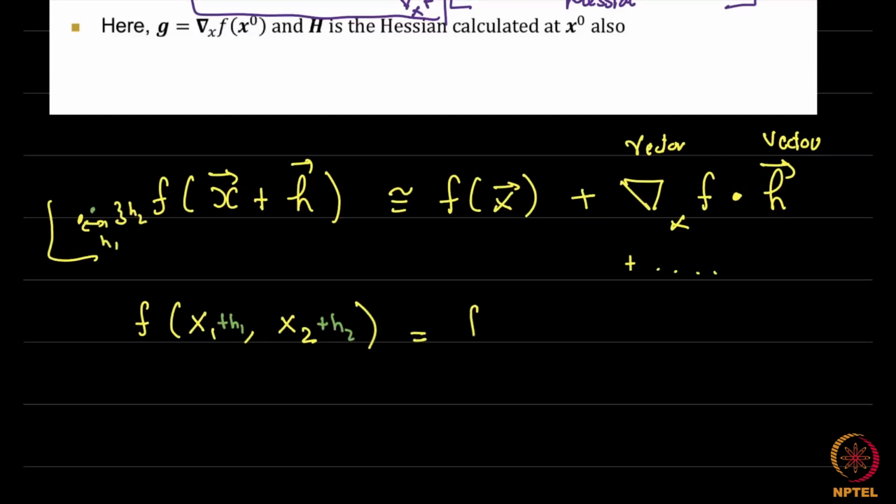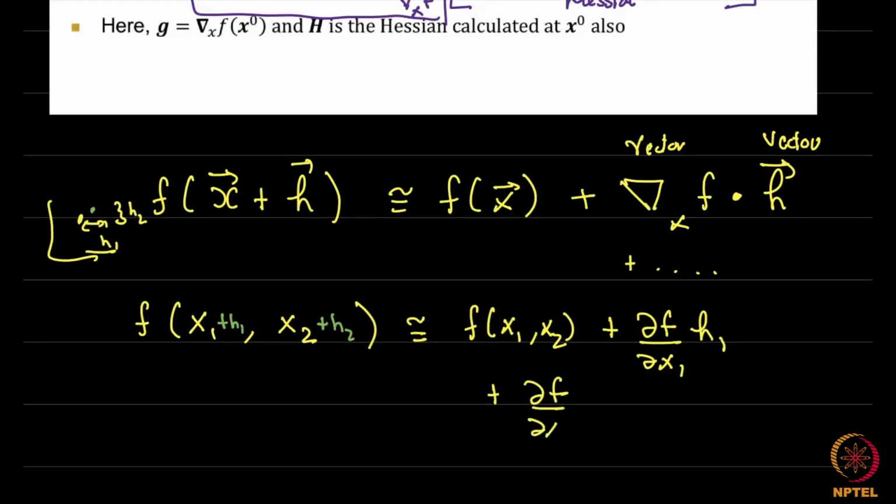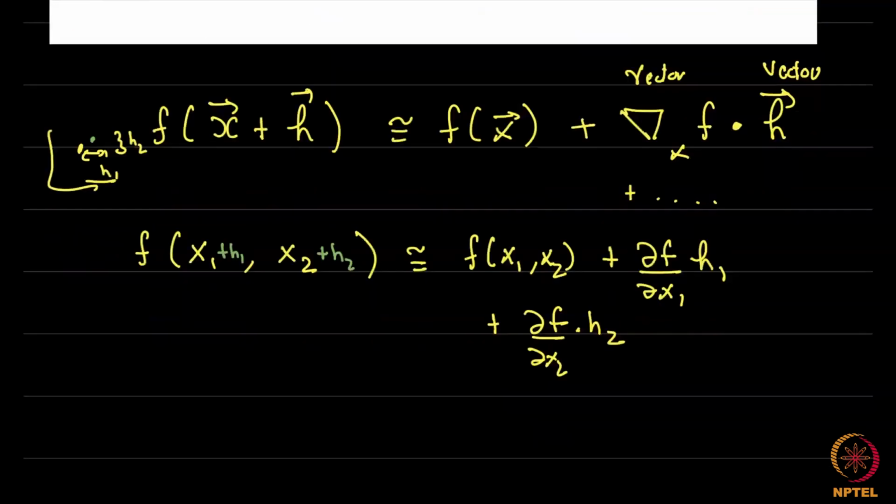Then I can say that whatever my old value was, plus the derivative in x1 multiplied by this distance h1, plus approximately the derivative in the y direction multiplied by h2. And this should be a decent approximation if that's the only information that I have.